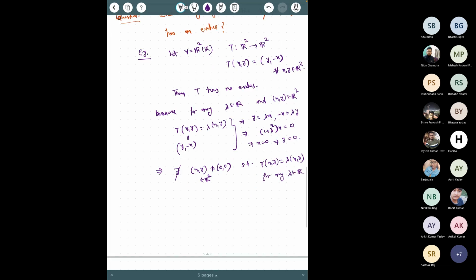One of you was giving one example. So you can consider this matrix A, which is the matrix of T with respect to the standard basis E1, E2. It is [0, 1; minus 1, 0]. Then this matrix A doesn't have any eigenvalue.